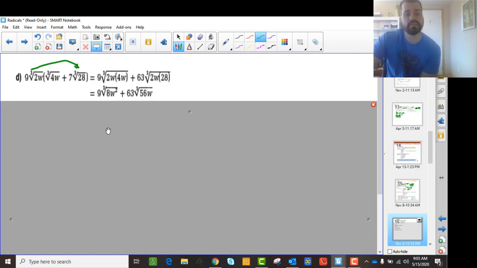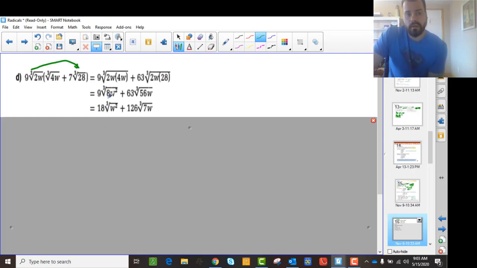And then we simplify those if we can. So we're looking for a perfect cube. So 8 is a perfect cube, right? The cube root of 8 is 2, so we get 9 times 2 on the outside of that. And then 56 has a perfect cube also of 8 because it's 8 times 7.